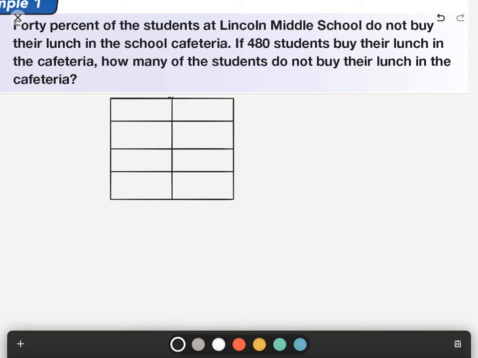You've got your percent side and your actual number side. These are fun because it's a technique of figuring out what information we have, what we don't have, and how to fill in the blanks.